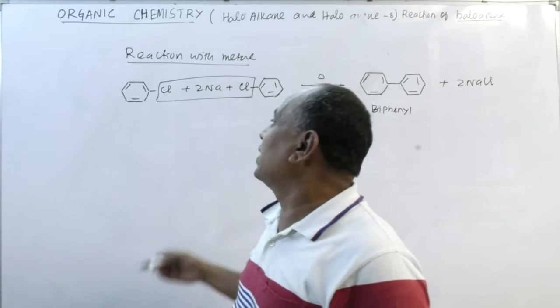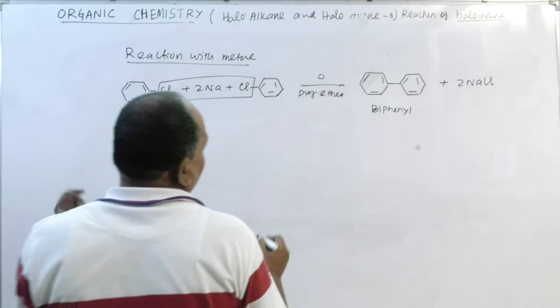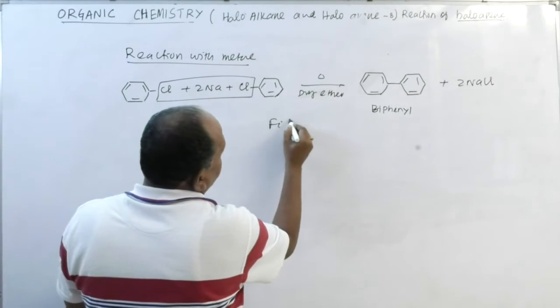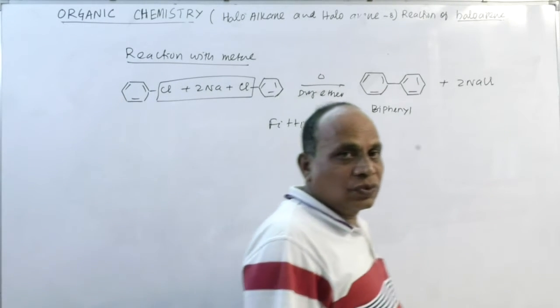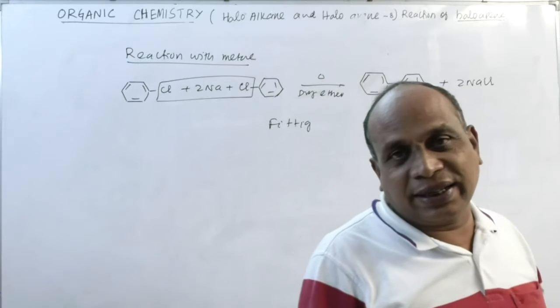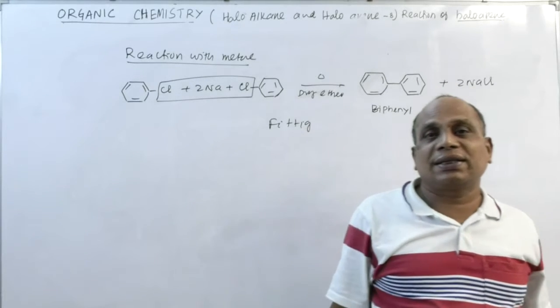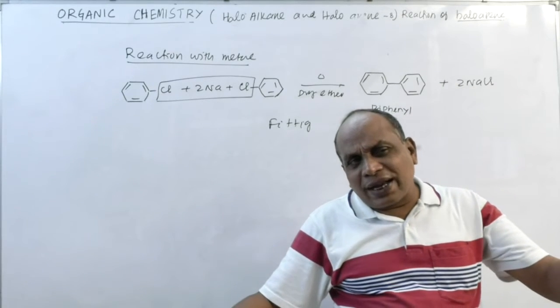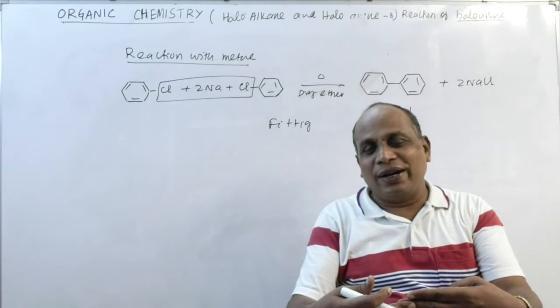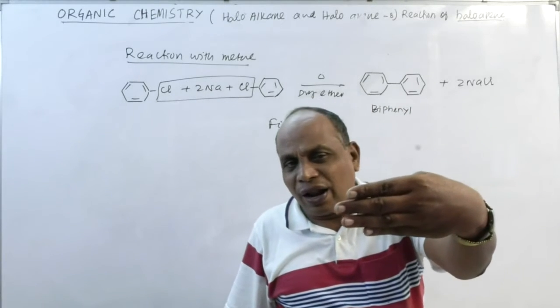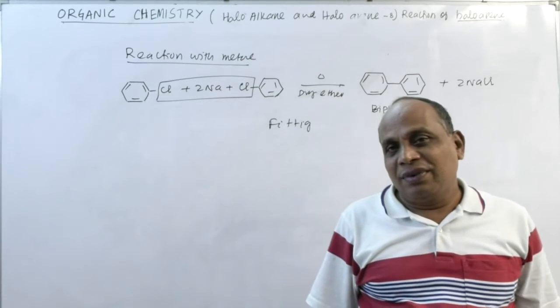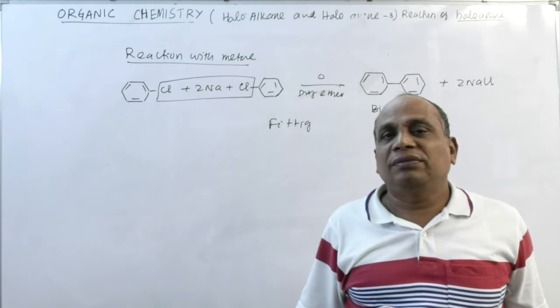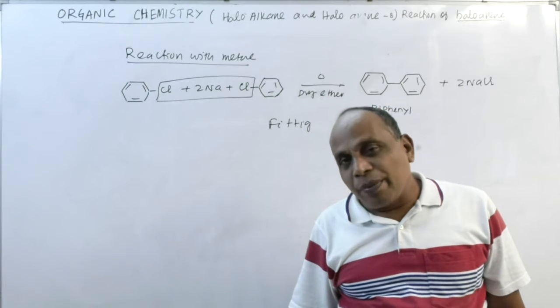That reaction is known as the Wurtz reaction in the case of aliphatic alkyl halides. But here the reaction is not the Wurtz reaction. It is known as the Fittig reaction. In the Wurtz reaction the reagent is alkyl halide, and in the Fittig reaction the reagent is chlorobenzene.